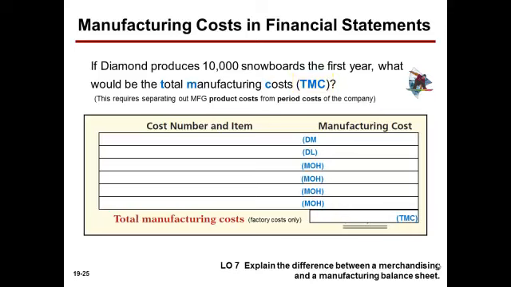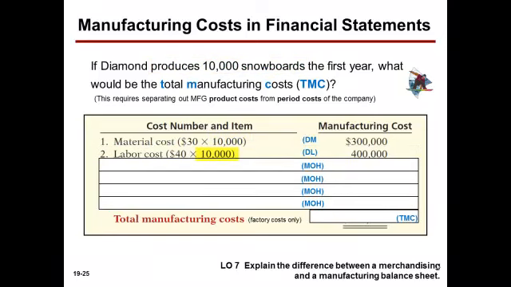Let's start with direct materials. $30 a board times 10,000 boards. We'll spend $300,000 on direct materials during the year to make that production. Direct labor, $40 a board times 10,000 boards. We'll spend $400,000 of direct labor for that production. Our depreciation on factory equipment, a fixed cost, $25,000 overhead.